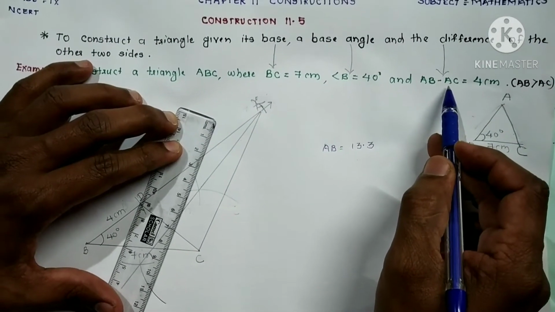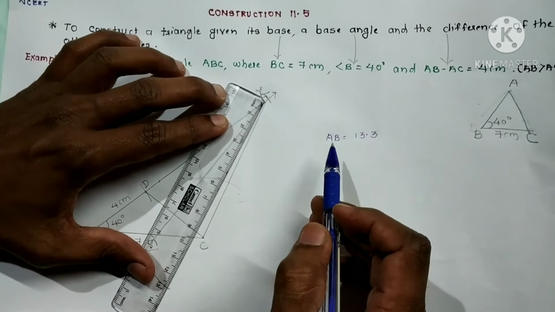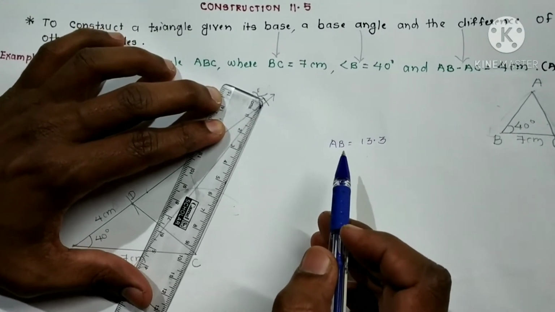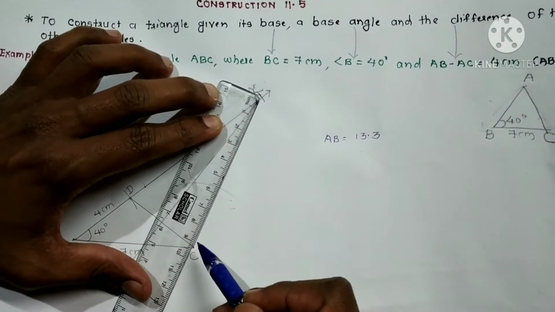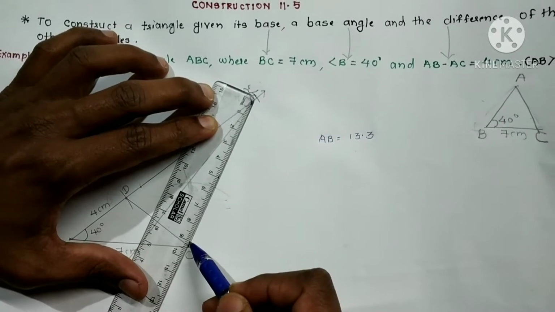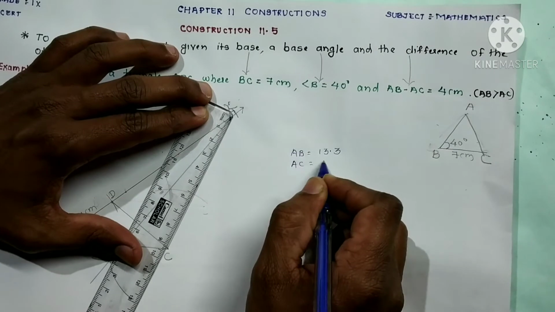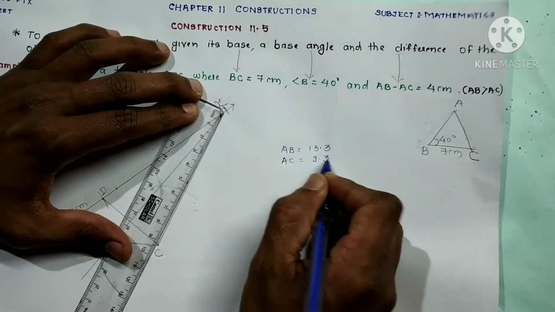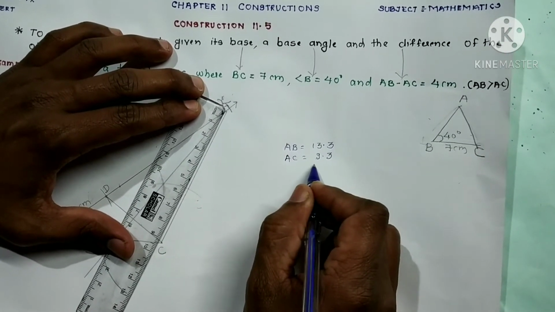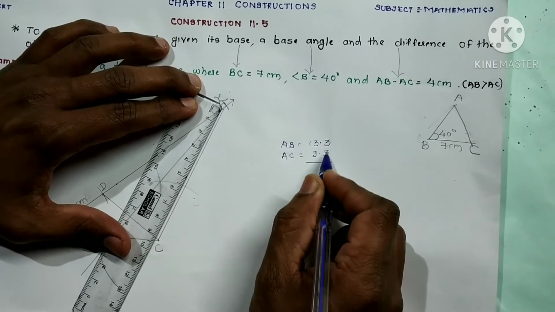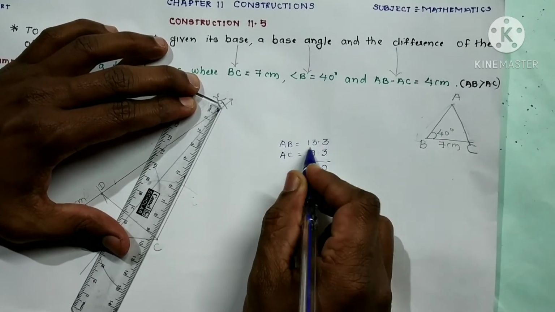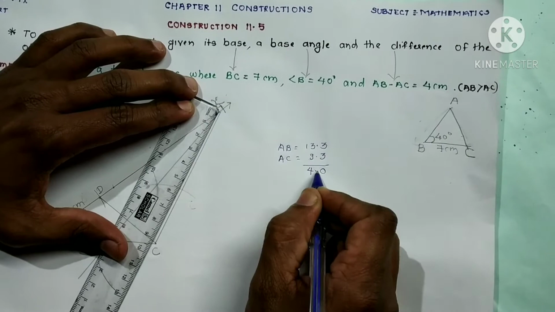Then you have to measure AC. So AC is equal to 9.3. If we subtract this, we get 3 minus 3 is 0, 13 minus 9 is 4.